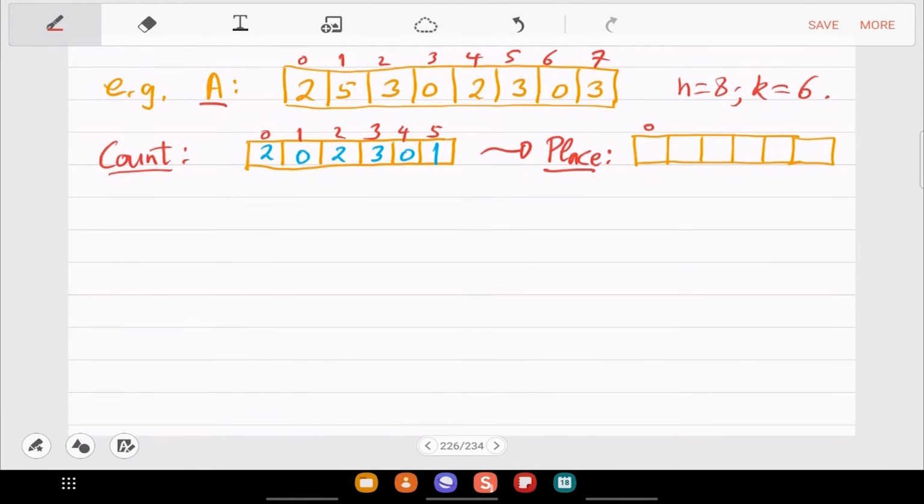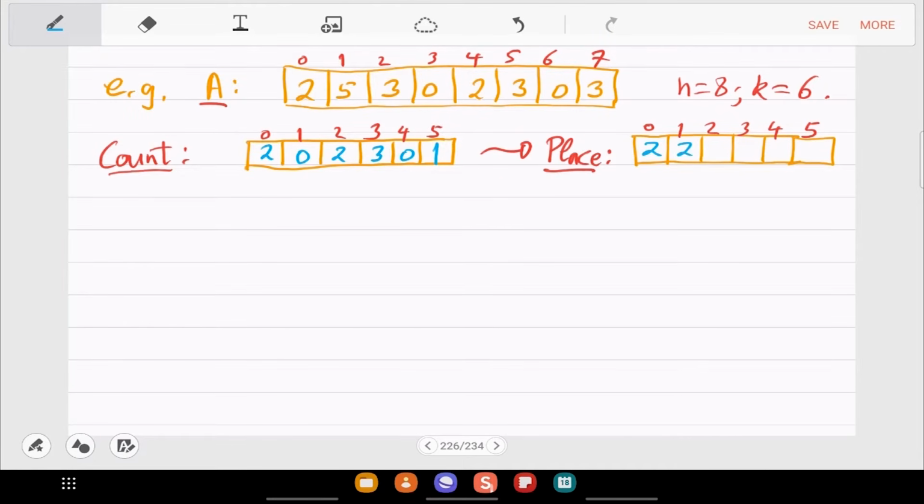In the place array, 0 comes in the first two places, then 1 will not come.